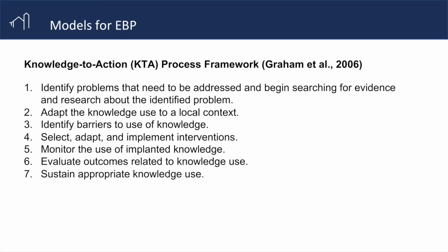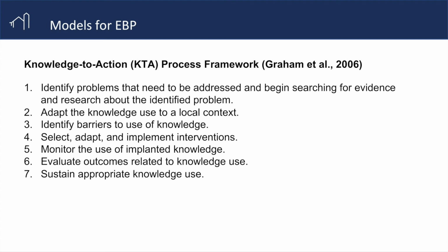The next framework that we'll be looking at is the Knowledge to Action framework, or KTA process framework. So here we have 7 steps for evidence-based practice. You begin by identifying the problems that need to be addressed.